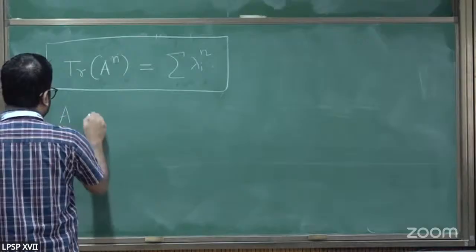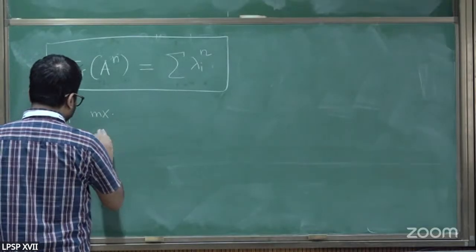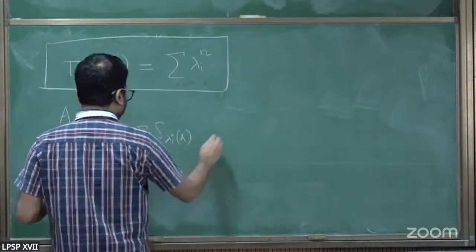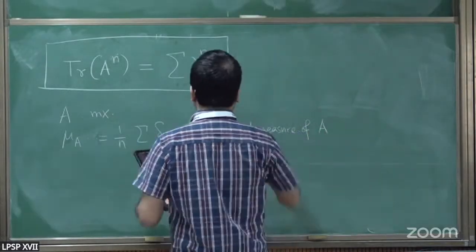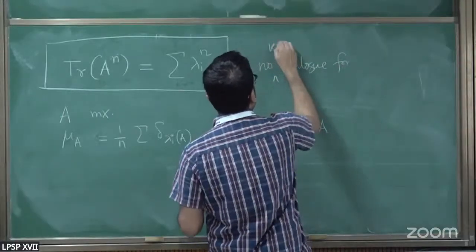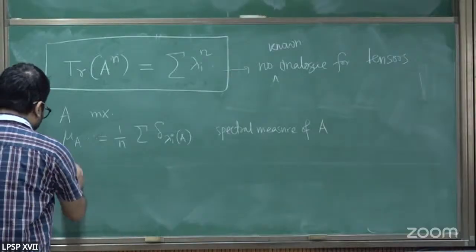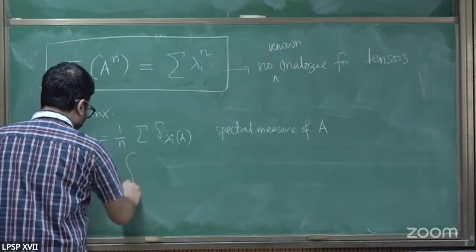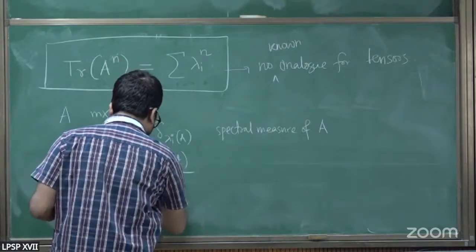Let A be some matrix, and mu A is the spectral measure of A. Then the Stieltjes transform of this measure, recall that we defined it to be this integral.